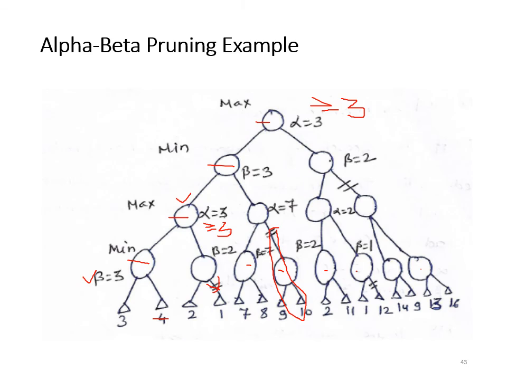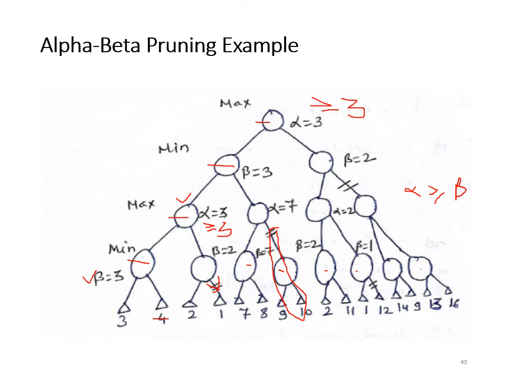But from here beta's value is equal to 1, and according to the rule of alpha greater than or equal to beta, then we have to prune this branch. So according to the rule, beta is less than or equal to parent alpha, then stop expanding, and this is again an alpha cutoff.